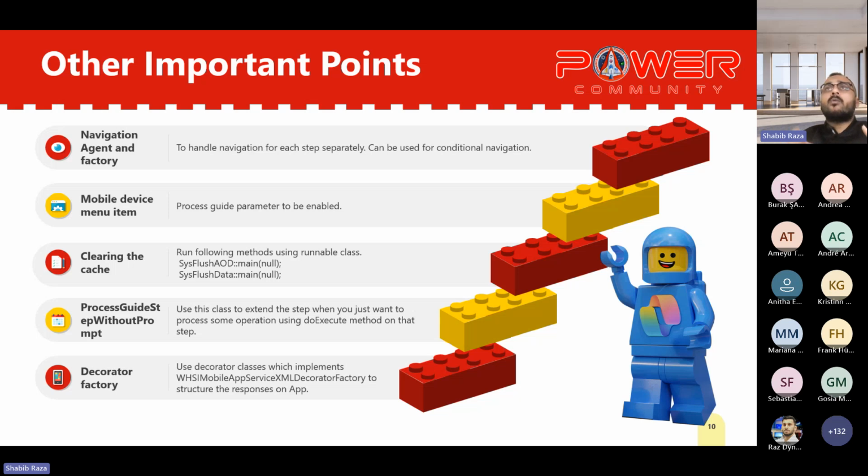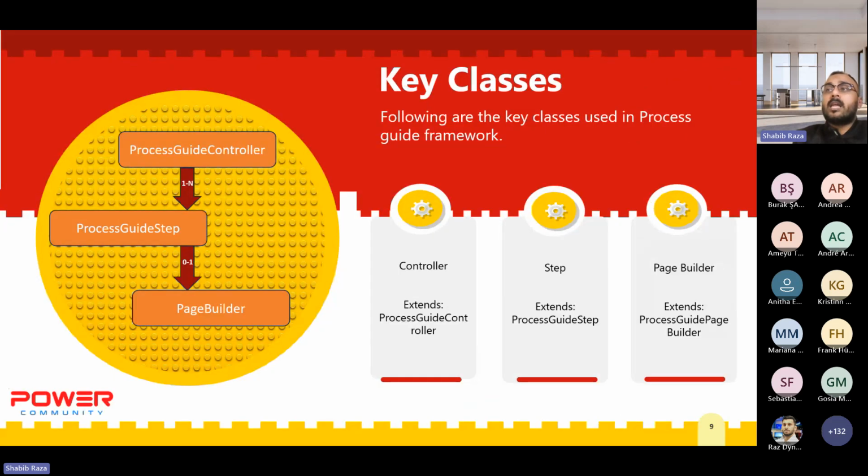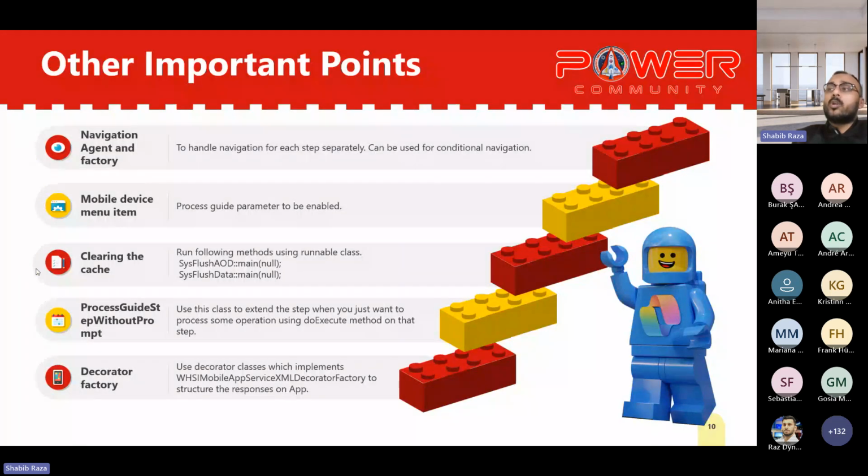In the normal scenarios, or even for mid-level complex scenarios, you can do all your processing, all your execution at the very last step you are defining. But again, it's your choice whether you want to perform the execution or processing at the last step, or you want to do the execution or processing by creating a new step, extending it from process guide step without prompt.